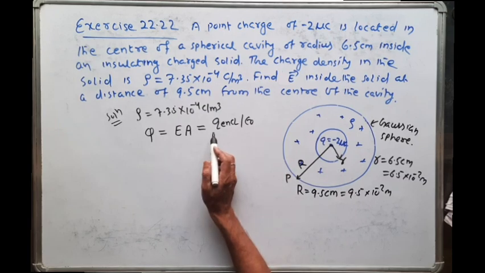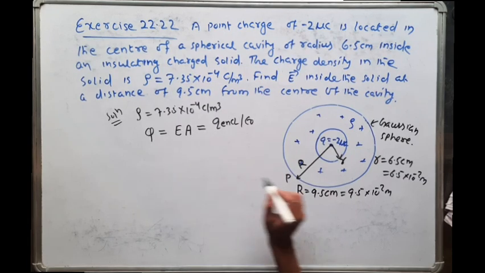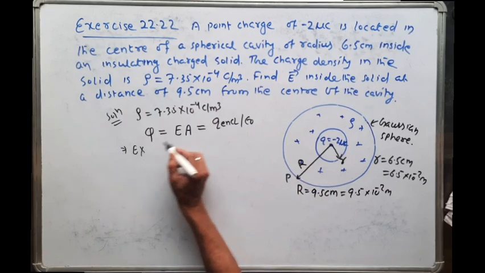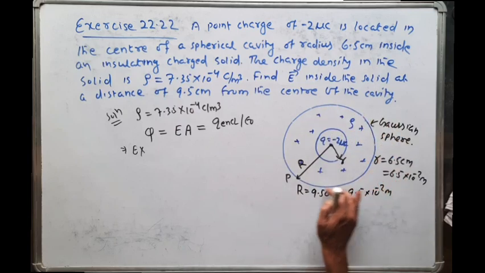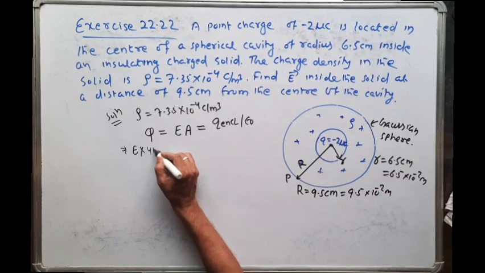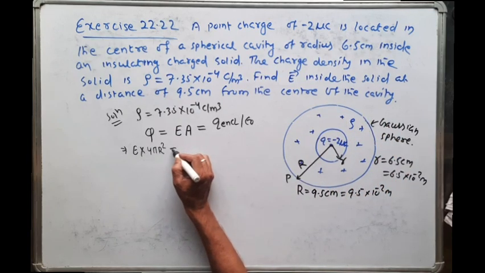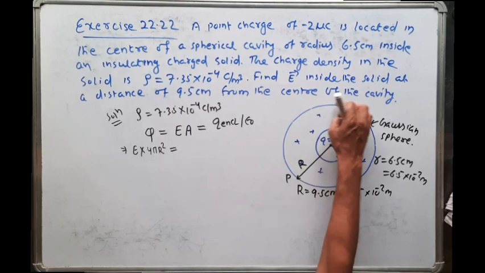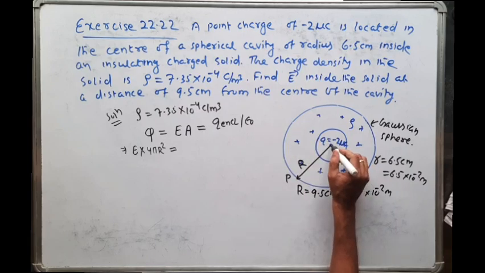We have to find the electric field intensity at this point P. So E into area, which is 4 pi r square, is equal to charge enclosed divided by epsilon naught. So what is the charge enclosed by the Gaussian sphere? It is already there.